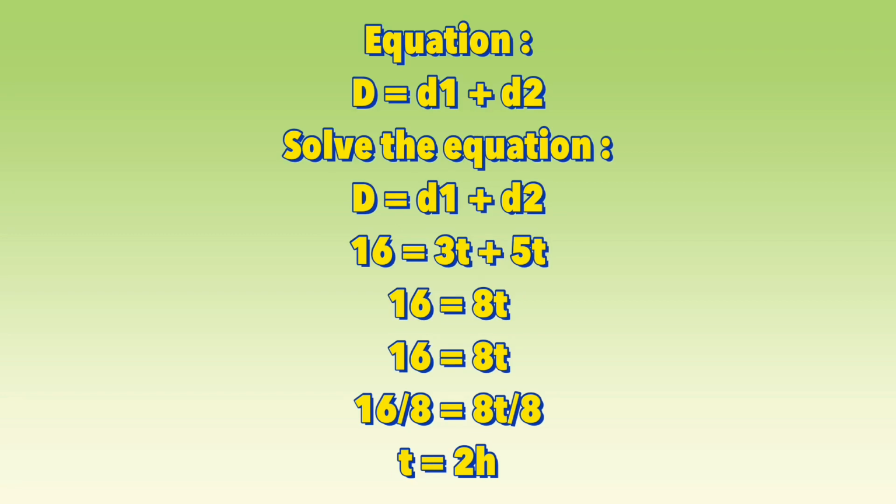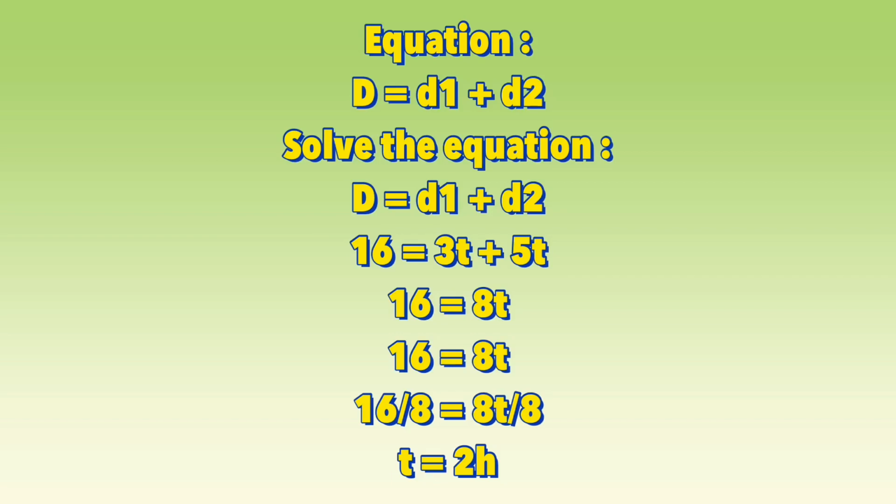Then substitute, remember we have D equals RT. So the rate of Lorna is 3 kilometers per hour times t. So that's why it becomes 3t, plus the rate of Peter, which is 5 kilometers per hour times t. So that's why it becomes 5t.